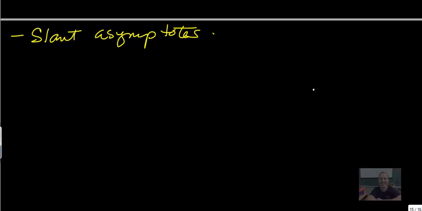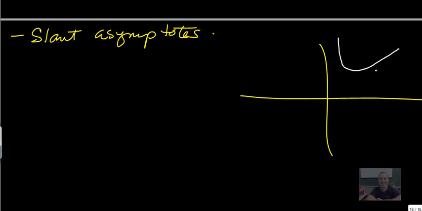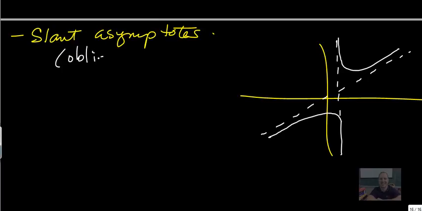So where do slant asymptotes come in? For example, where do we get something like this? Because you get some graphs that look like this, that clearly have something weird going on here, and here would be maybe a vertical asymptote, and here is a slant asymptote, or we also call it an oblique asymptote.